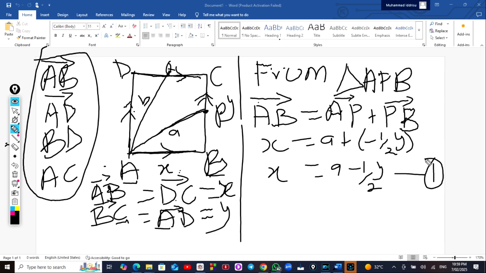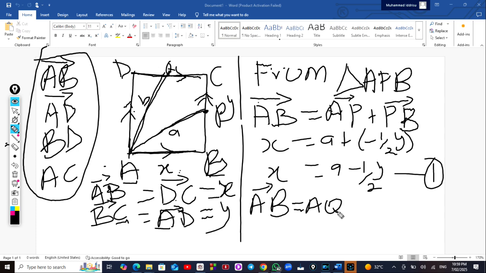We can equally say that this same AB is equal to AQ.